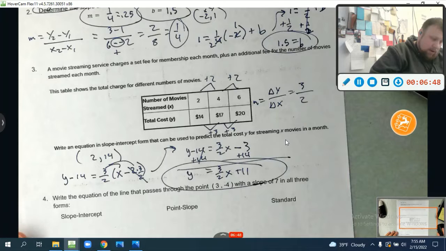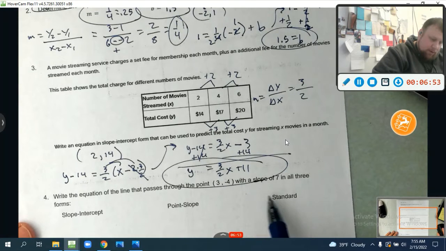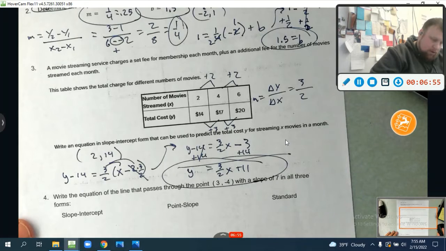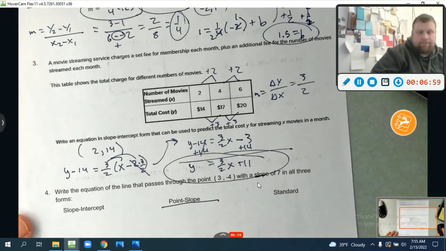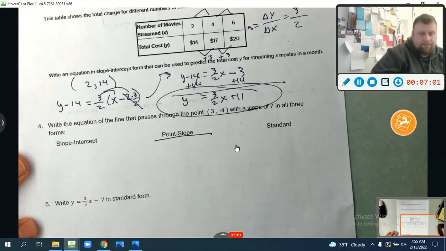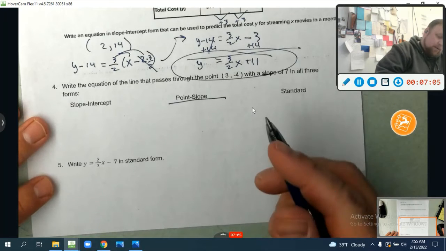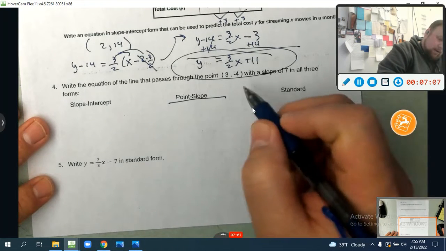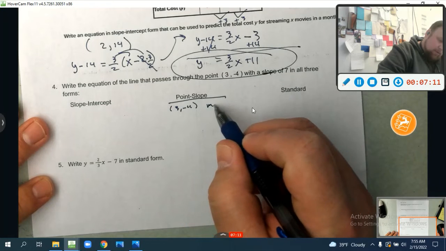Write the equation of a line that passes through the point (3, -4) with a slope of 7 in all 3 forms. I'm going to start out with point slope. Point slope is nice. Point slope says, again, I have my point of (3, -4), and I have my slope of 7.